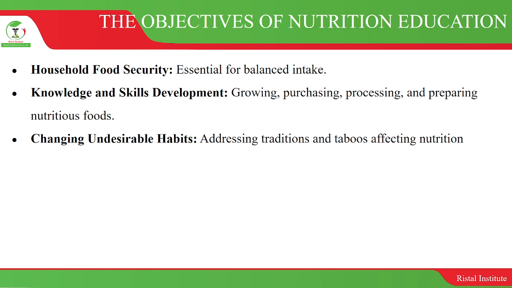And some of these things will become culturally very sensitive. So before you go ahead to conduct nutrition education in a particular community, you have to make sure that you know the taboos and the particular customs and traditions of that community, so that when you're tailoring your messages to them, they are very specific to their context and they do not damage their ego about their customs, taboos, and traditional beliefs.